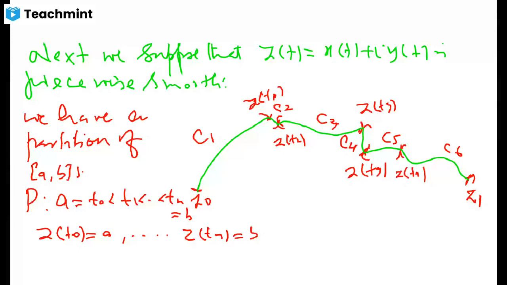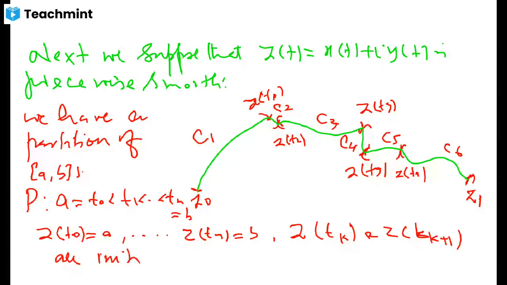And similarly, let me write Z of Tk and Z of Tk plus 1 are the initial and terminal points of Ck, where Ck is a piece.